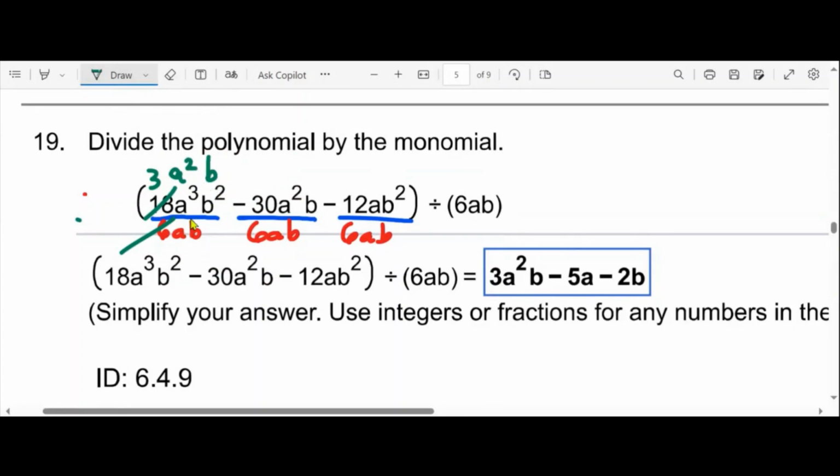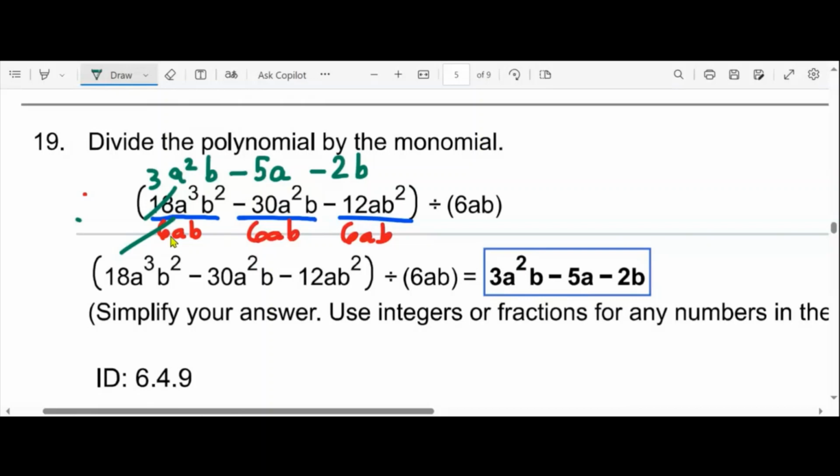3a squared b. But why, doctor? Because as we said, in division we need to subtract the powers. Okay, what about the second term? One moment, 5a minus 2. 5a, yes, okay, got it.